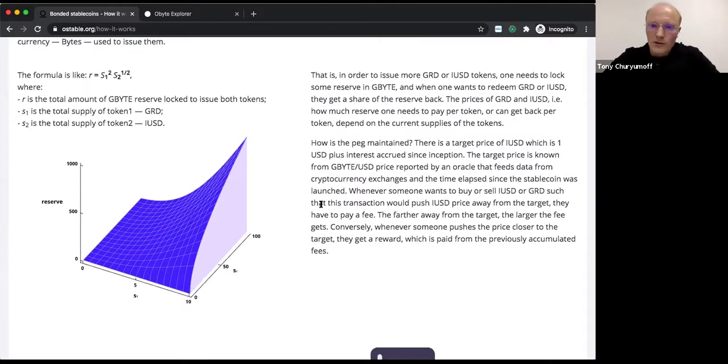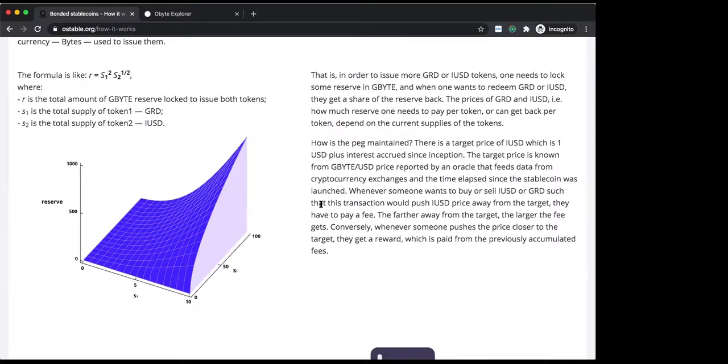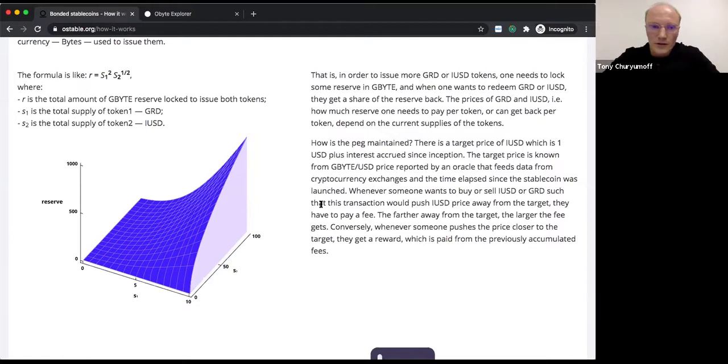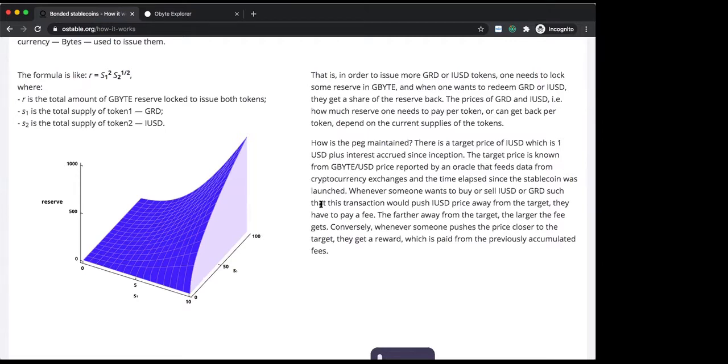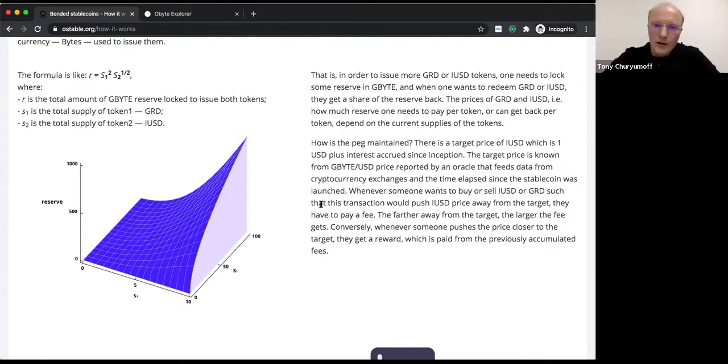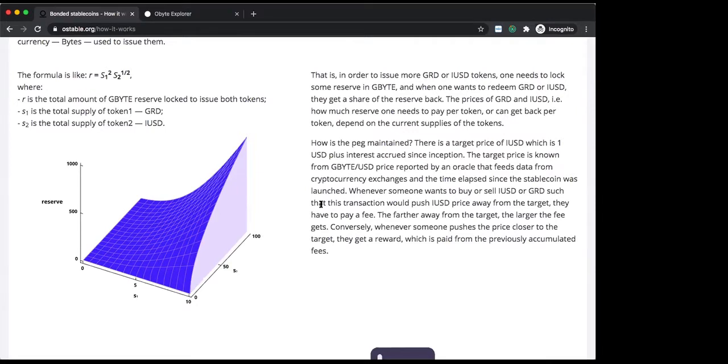And obviously the opposite, when you need to correct the price down, you want to be the first to sell while the price is high, to get a small profit from the difference between the selling price and the equilibrium price it is targeted to. So that's basically the idea how it works.